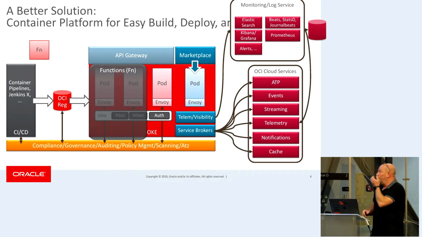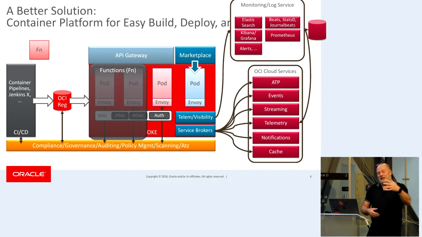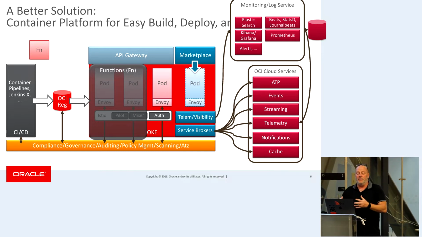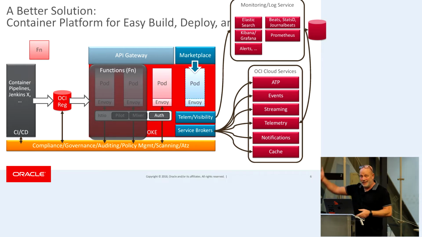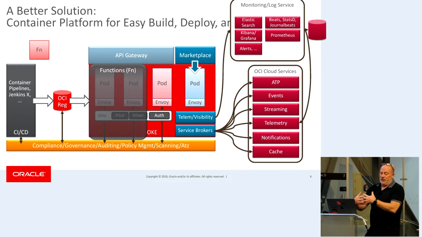So what we've got is CI/CD platforms. Again, we're totally agnostic. Most people bring their own, but as we start to get to enterprise customers and they want to move with us, then we have an offering in container pipelines that people can use, but you use the tool of choice. So we have an OCI registry, which is a full Docker registry that can be public or private, and it's built on OCI, so it's close to the environment.